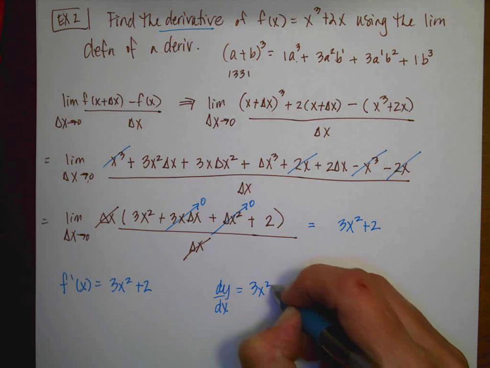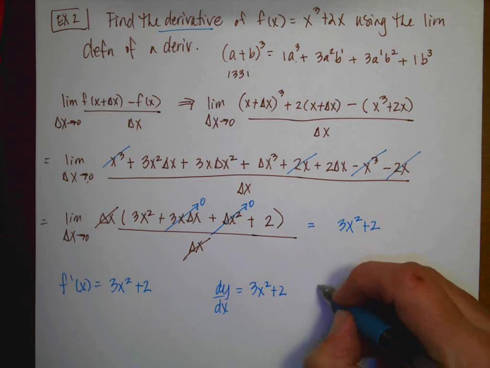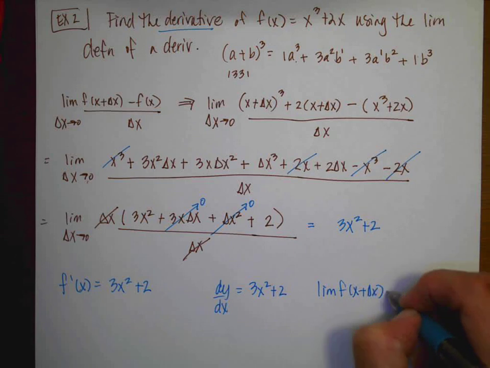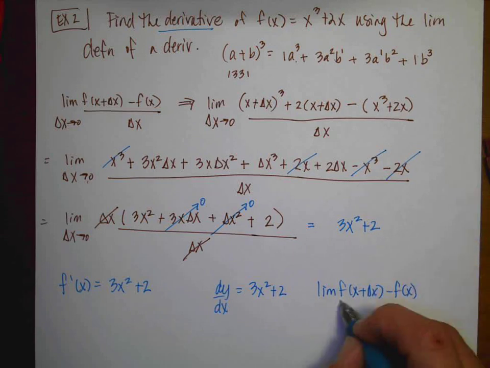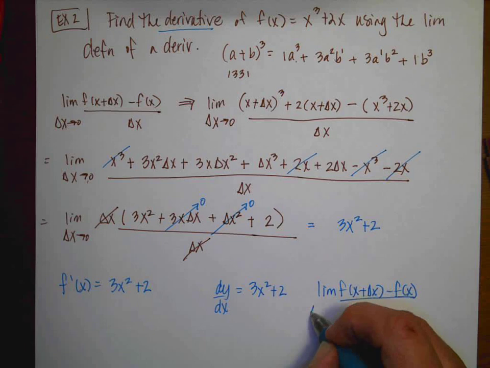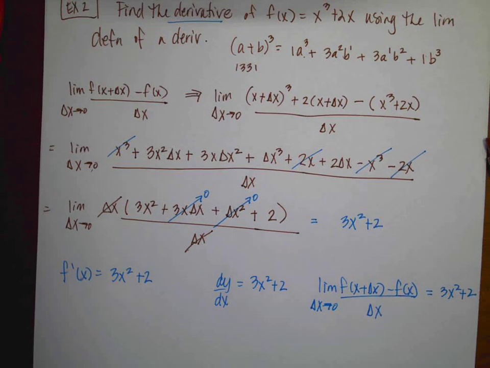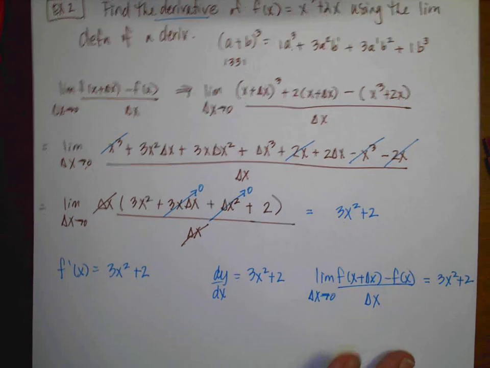I could also report this as dy dx is equal to 3x squared plus 2. And I could write out the limit of f of x plus delta x minus f of x over delta x as delta x goes to 0 is equal to 3x squared plus 2.